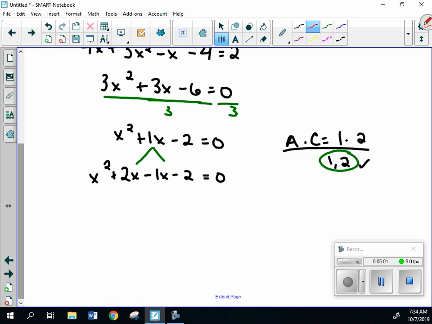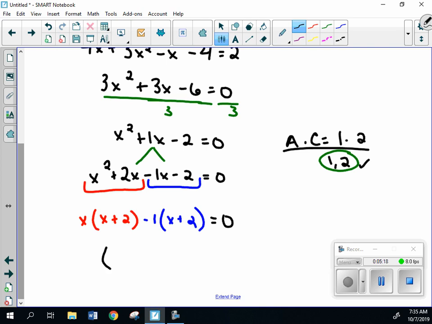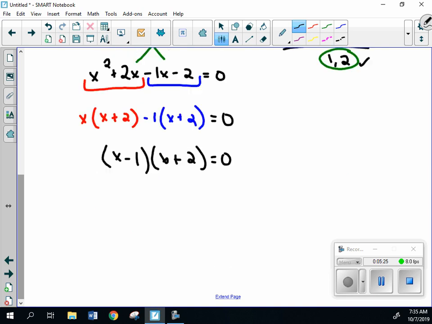Now I'm going to group factor. x is what they have in common in that first grouping. In my second grouping, they have a negative 1 in common. All equal to 0. So my factors here are x minus 1, x plus 2 equals 0. I'm going to set each one of those equal to 0 and find my solutions for my x's. x equals a positive 1, x equals a negative 2.